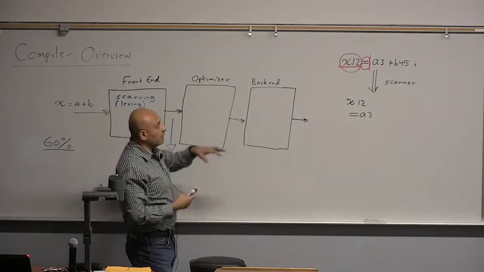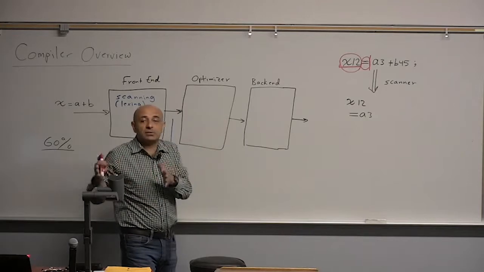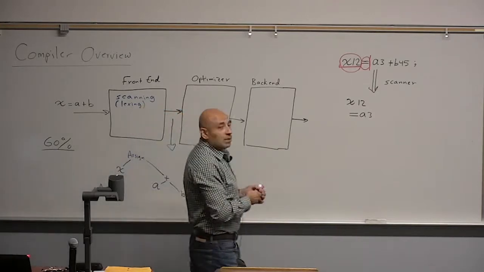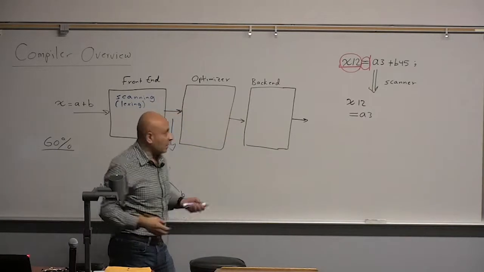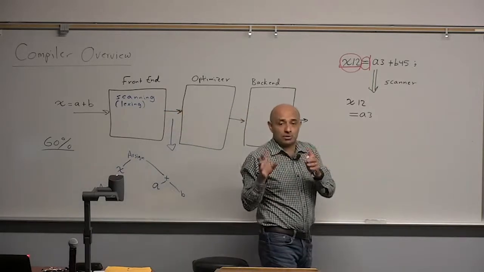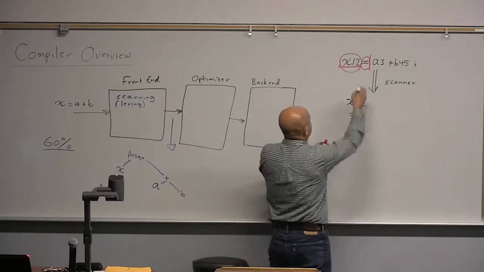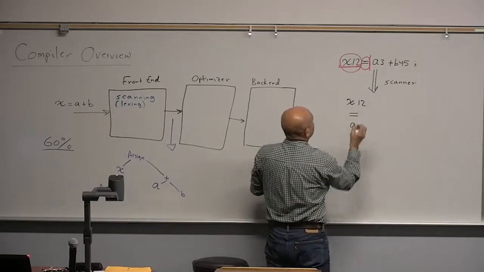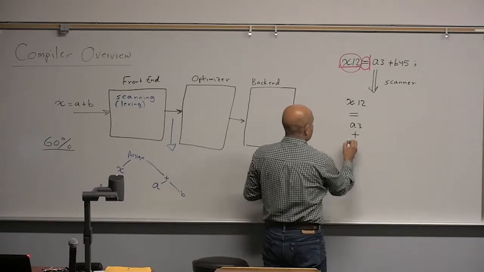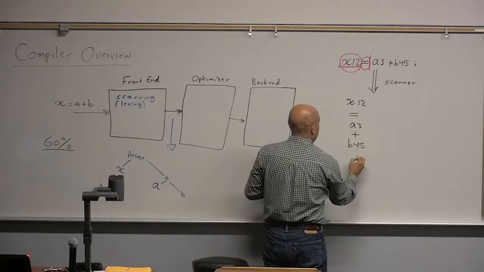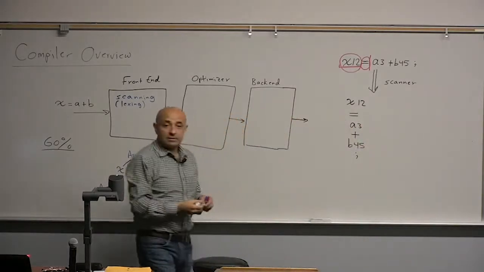So in order for the compiler to recognize this, it has to have certain rules that define what the parts of speech of this language are, what the words are. OK, so in this case, it's going to say equal A3 plus B45 and semicolon.